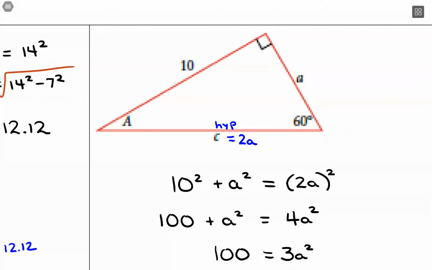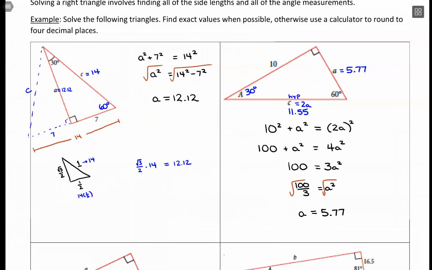So this is going to be 11.55, and this is going to be 5.77. And the only other missing piece is angle measurement, 30 degrees. So that's how we can solve triangles if it's one of our special triangles.